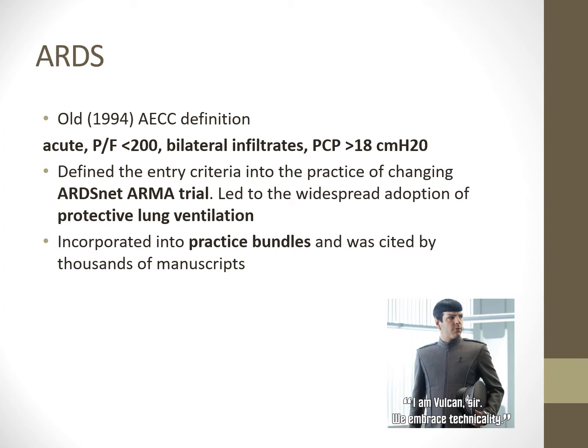So there are some different definitions that have been floating around for the last several years. The old definition by the American European Consensus Conference back in '94 defined it as acute with a PF ratio of less than 200, bilateral infiltrates, and pulmonary capillary wedge pressure of greater than 18.